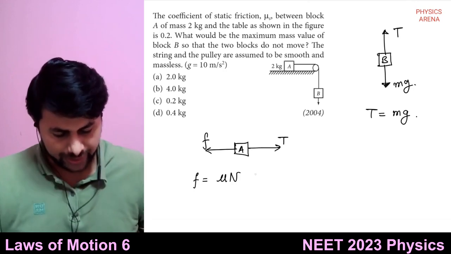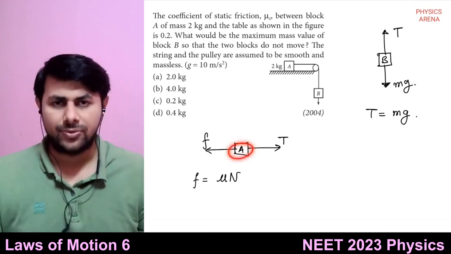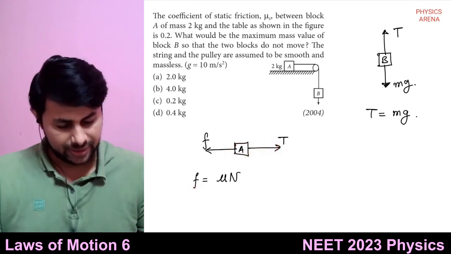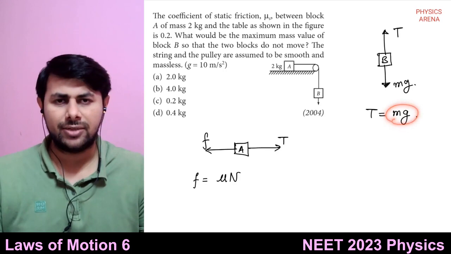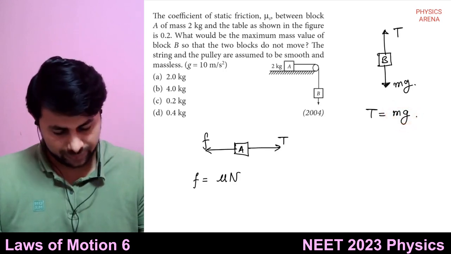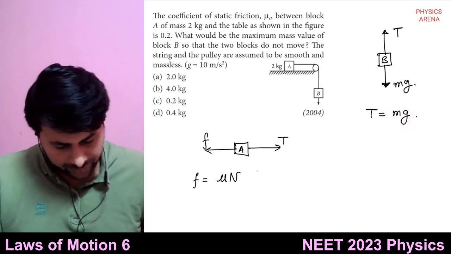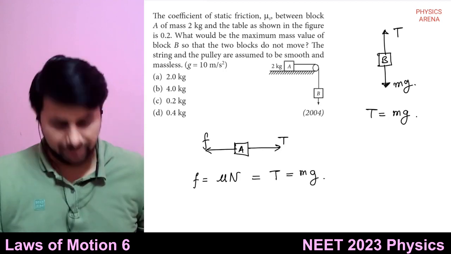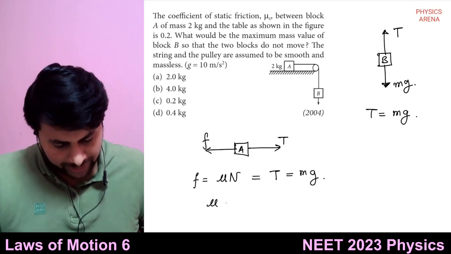Okay, and if this one doesn't move, then this friction must be equal to the tension, and tension we have found it is equal to what? Mg. Okay, so this is equal to tension, which is equal to what? Mg.